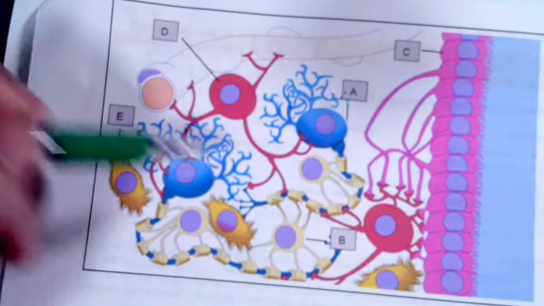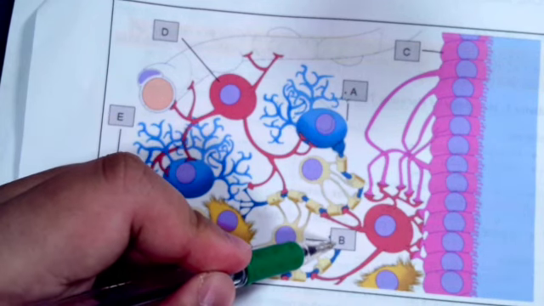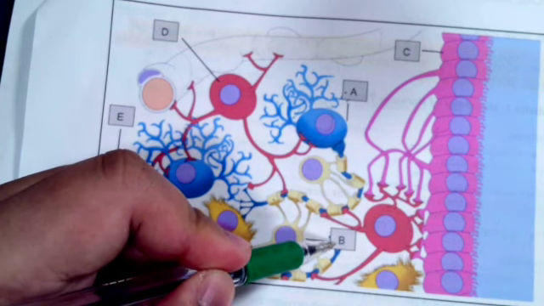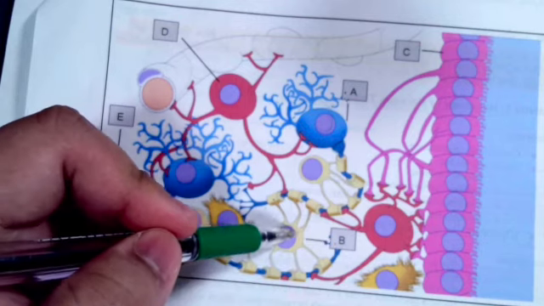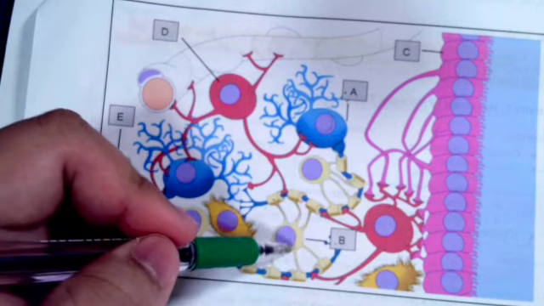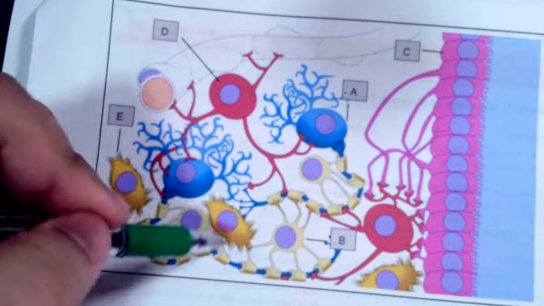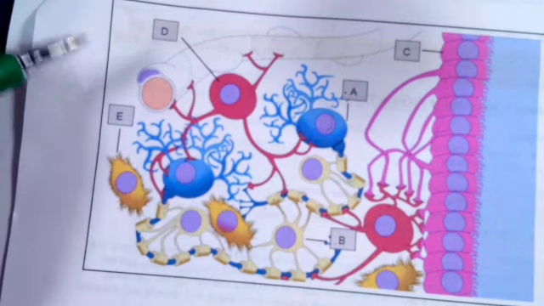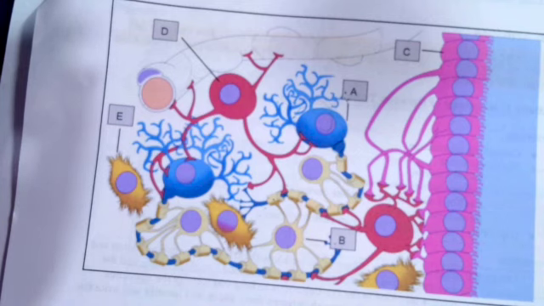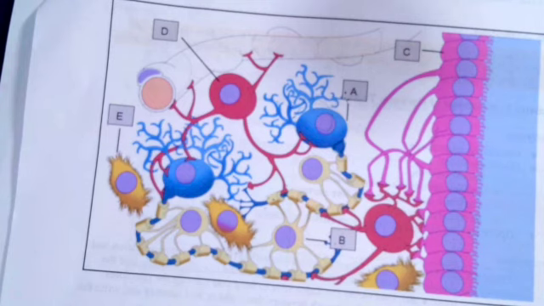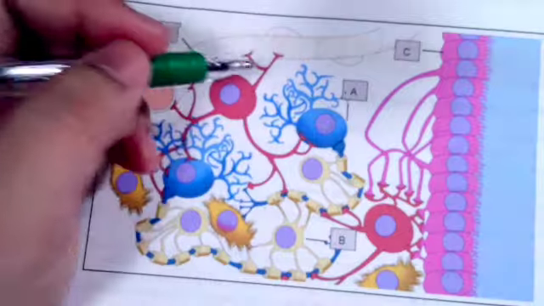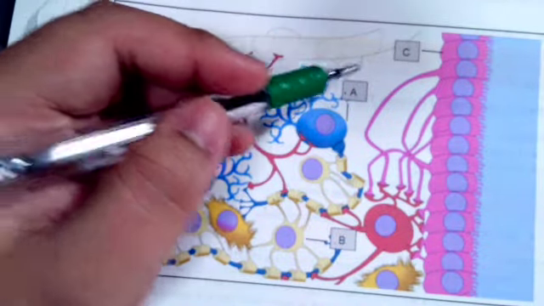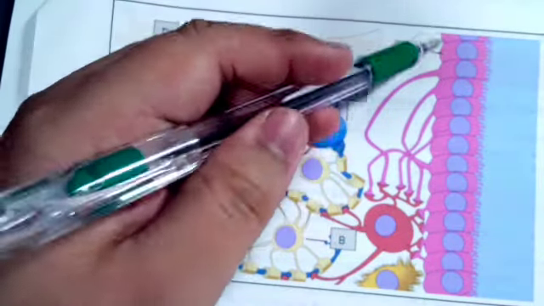Let's find letter B. Letter B is what we call the oligodendrocyte. It's a structure that connects two neurons together. But I believe there's a disease that affects the oligodendrocytes, but that's for later. Next is letter C. We have to remember that this is the ependymal cell.